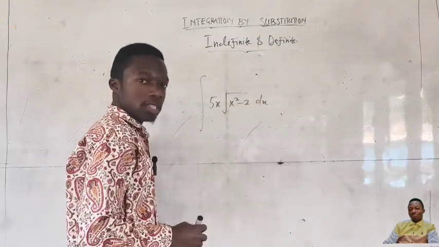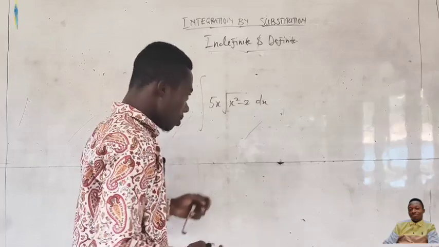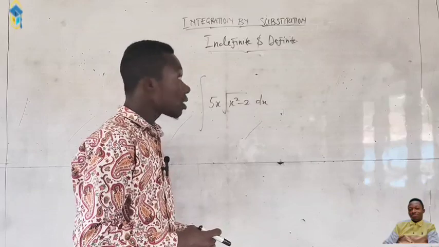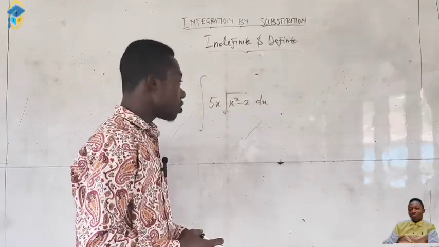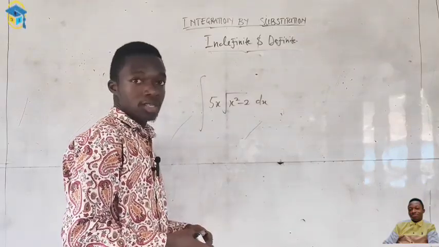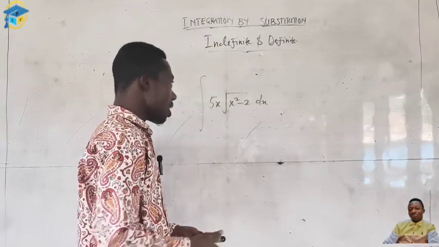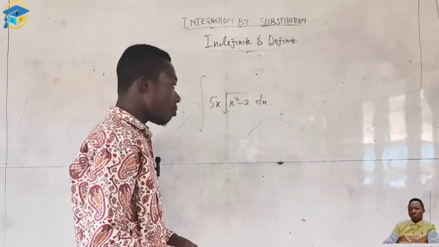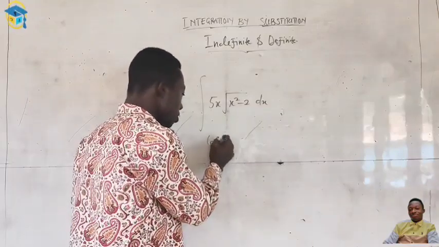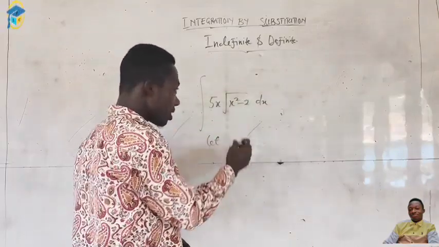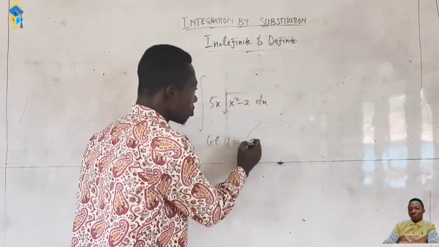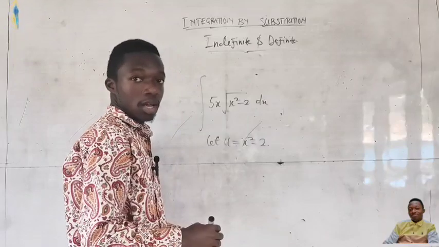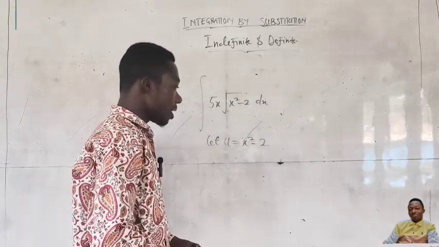If I'm asked to integrate this function, because I can't integrate it straight away, I need to go by the substitution approach. All you want to do is represent the expression in the square root by a variable. So I can say let u be equal to x squared minus 2.